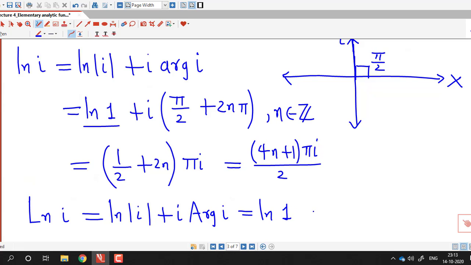The absolute value of i is 1 and the principal argument of i is pi by 2, and because log 1 is 0 we have pi into i over 2. So the principal logarithm of i is pi into i divided by 2.